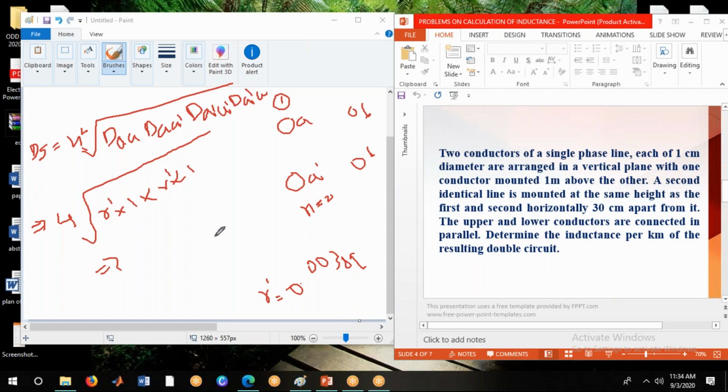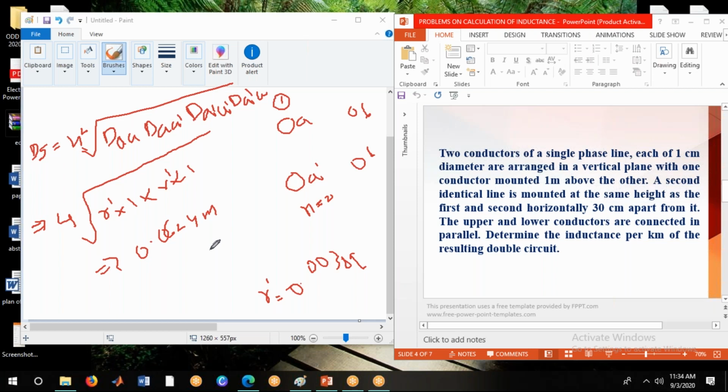It is 0.0624 meter, right? So its DS value is 0.0624 meter. That is why I already told you that in every problem in the first unit we have to calculate GMD and GMR. Then only you can calculate the L value.